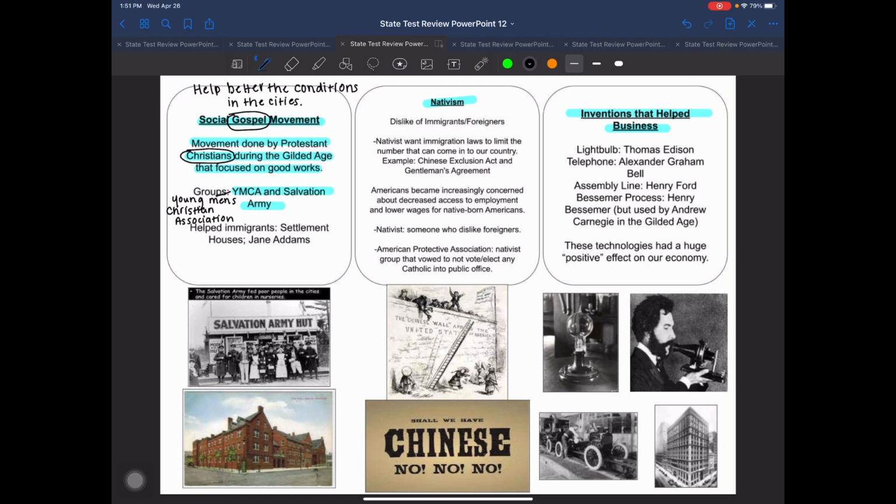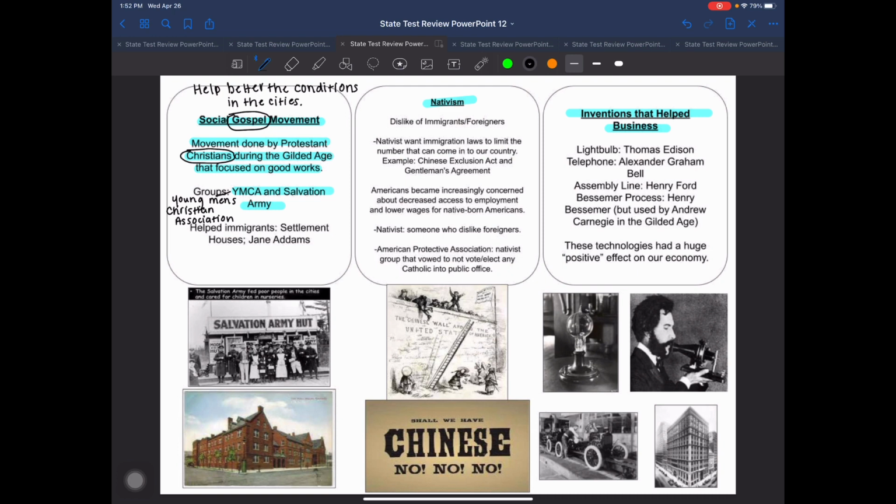And then the Salvation Army, which y'all all seen the Salvation Army before because they're the ones who around Christmas they stand in front of Walmart and they jingle their little bells asking you to donate money, and you can go to facilities that are owned by the Salvation Army where they sell products like clothes, home goods and things like that for extremely, extremely cheap.